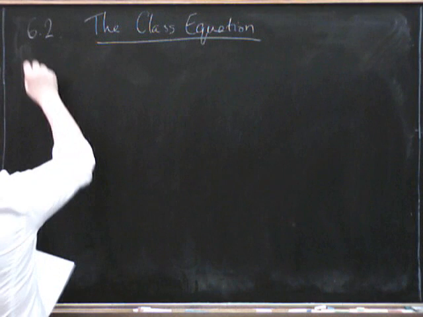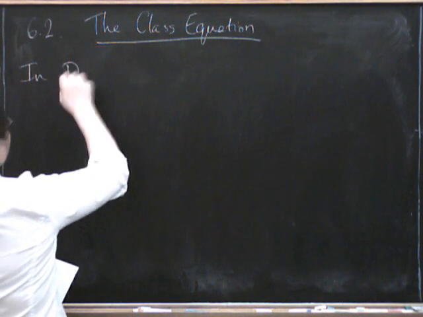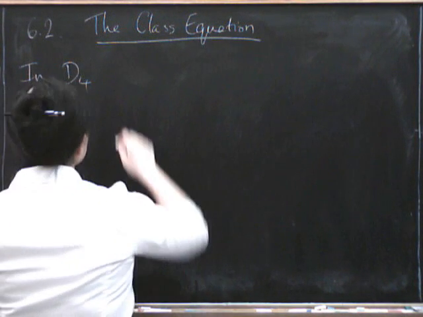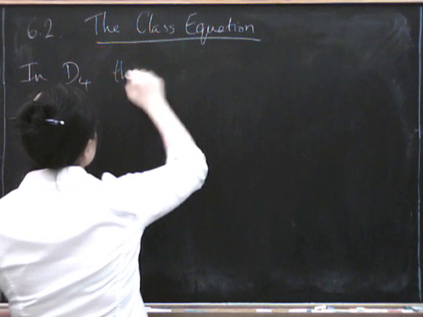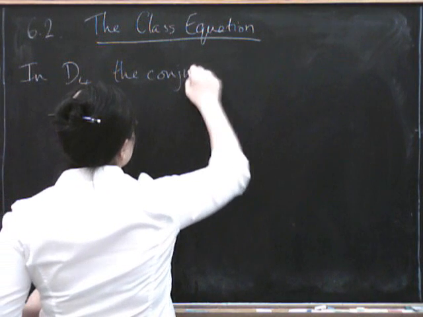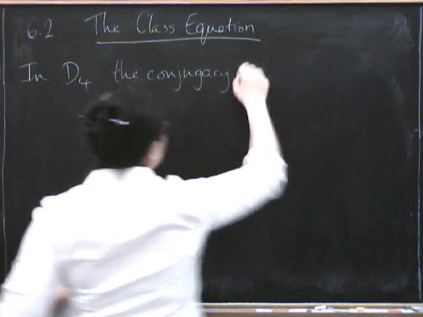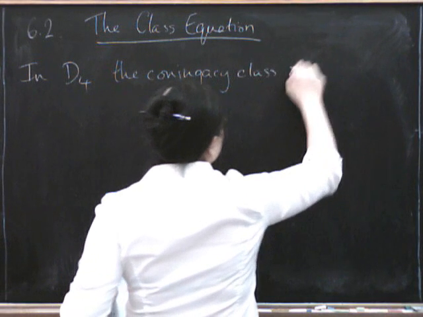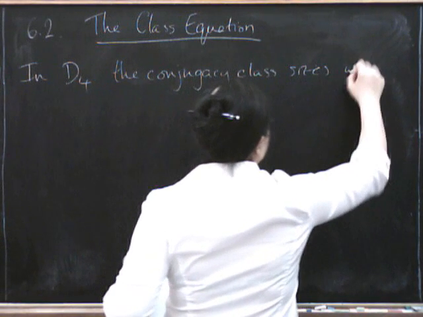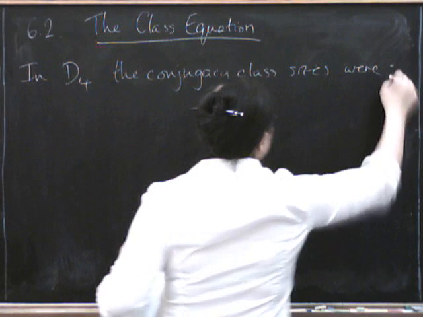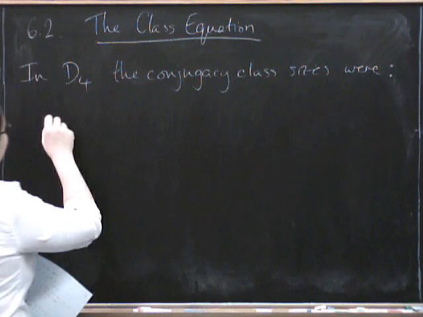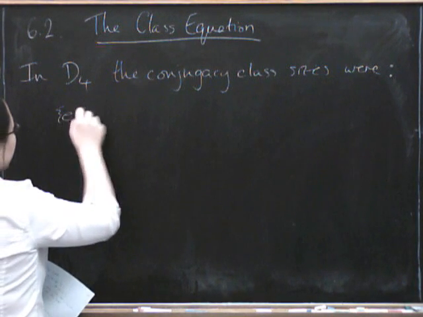So for example, in D4, the conjugacy class sizes were as follows. We had E that was in a conjugacy class all by itself, right?